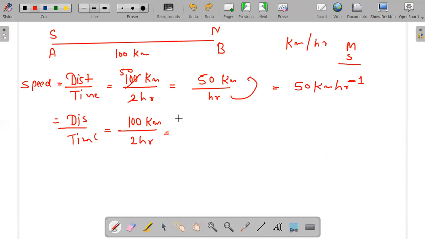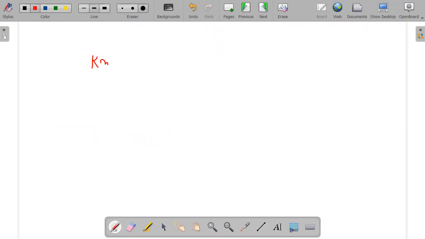To convert kilometer to meter, whether it is 1, 2 or 10, I have to multiply kilometer with 1000.